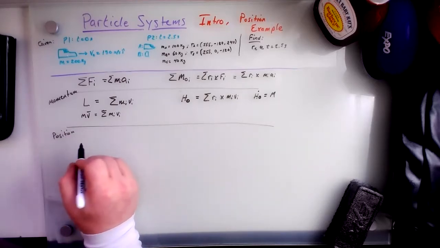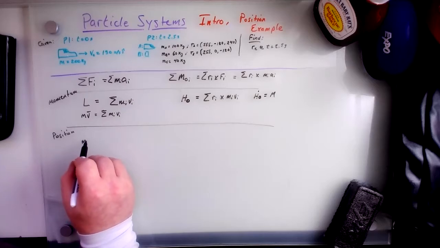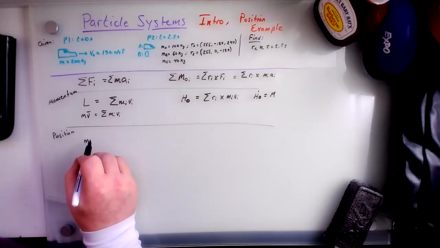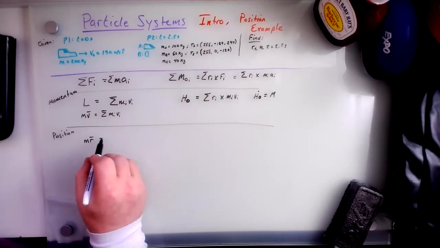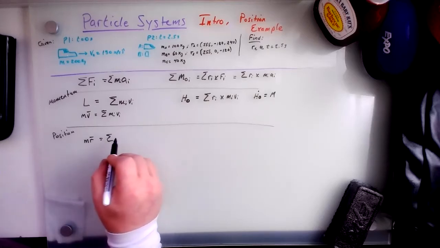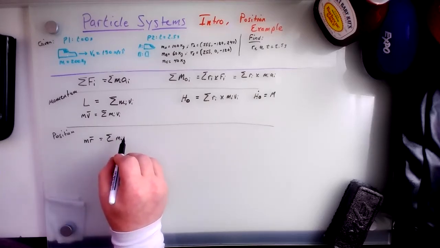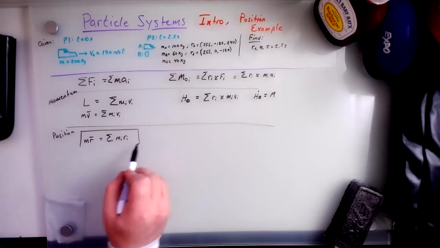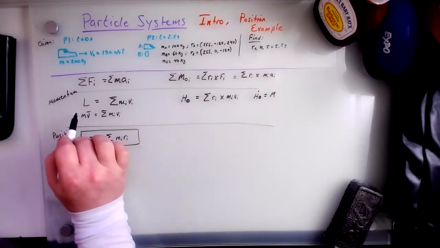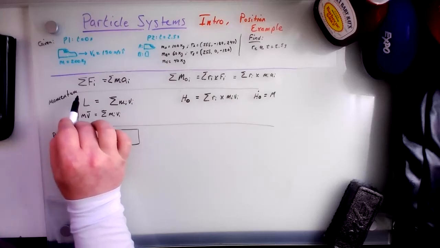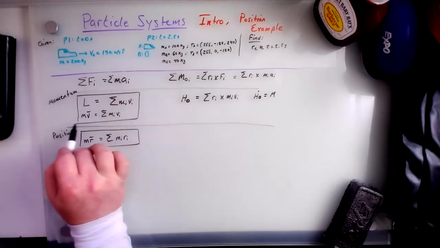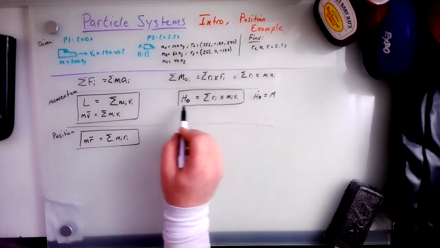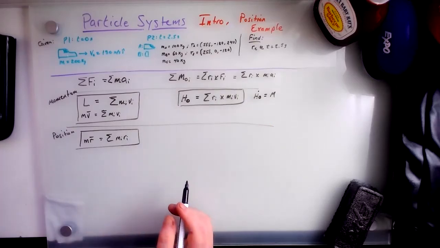And in position, we say m r bar is equal to the sum of m_i r_i, right? We need this one. So we're going to keep this equation. We will keep these two. And this one. So these we'll put into our list of equations.